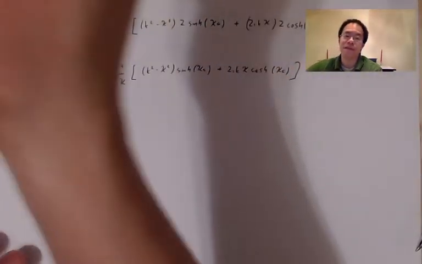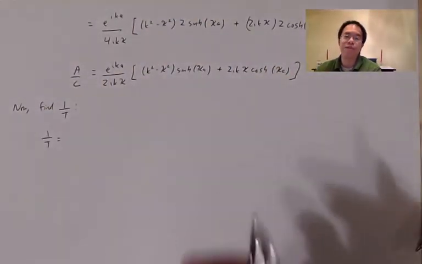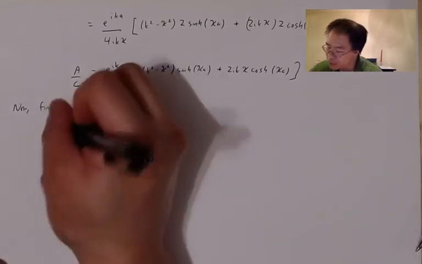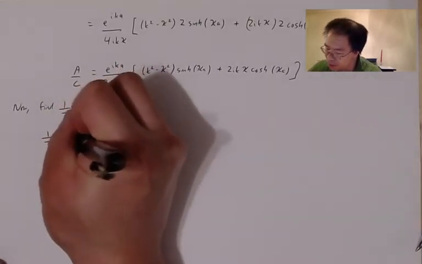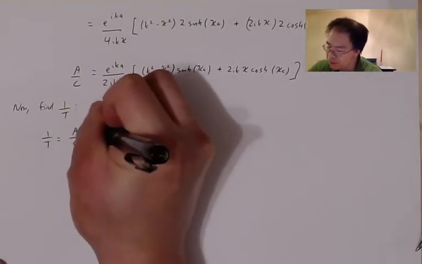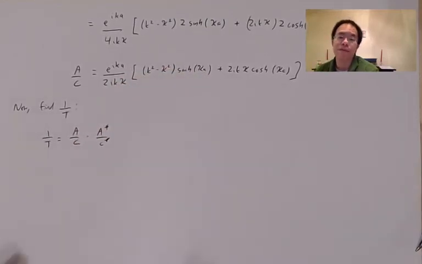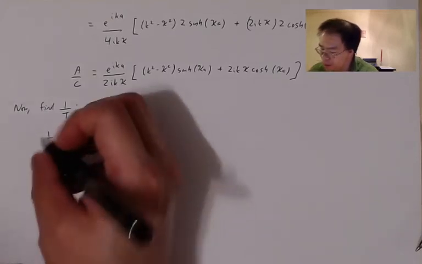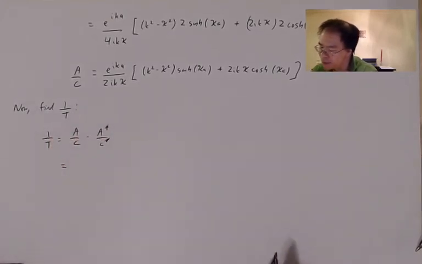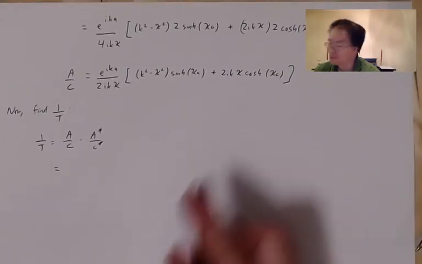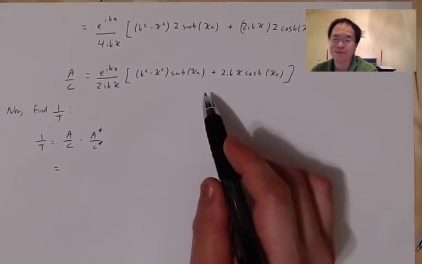So that's going to be modulus squared of a over c. But I can do that by just taking a over c times a star over c star, right? And that will give us modulus squared of a over c. So we at this point need to just crank on this.